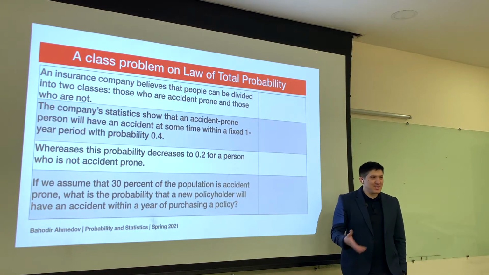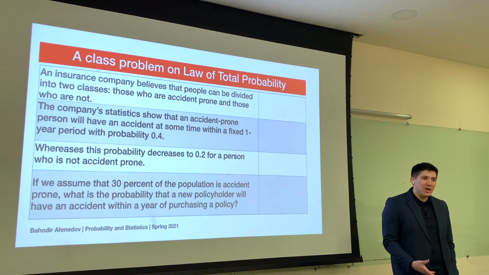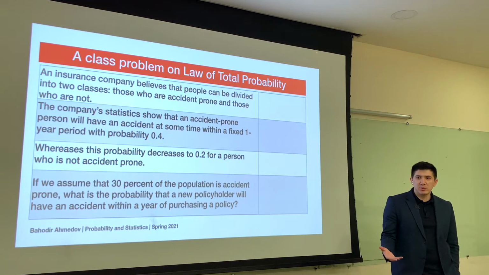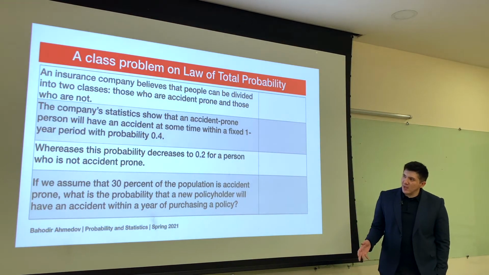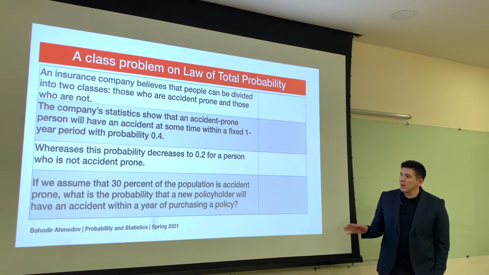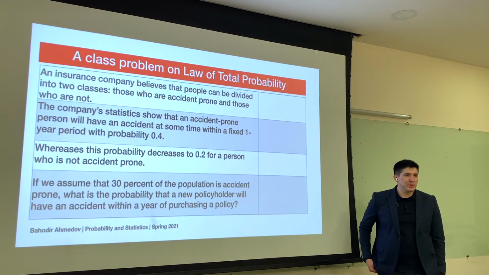The probability that an accident-prone person is going to have an accident within 1 year is 40%. And the probability for all the others who are not accident-prone is 20%. Okay? Now, if you assume that 30% of the population is accident-prone persons, what is the probability that the new policyholder is going to have an accident within 1 year?